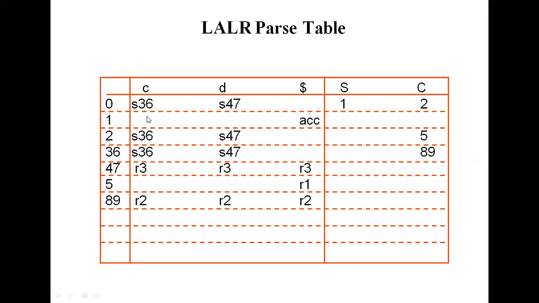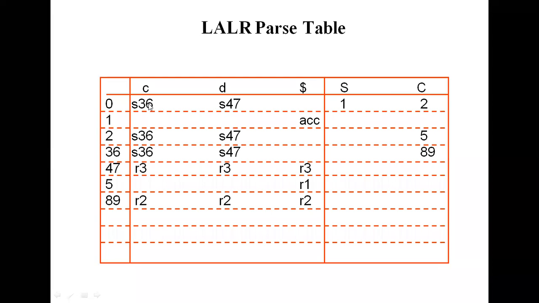See, I3 plus I6 is I36, right? And previously in the CLR table, with 0 and C, there was S3, right? But it is named S36. Why? Because state 3 is merged with state 6, and item 3 is merged with item 6.